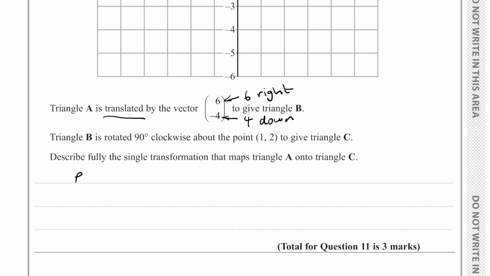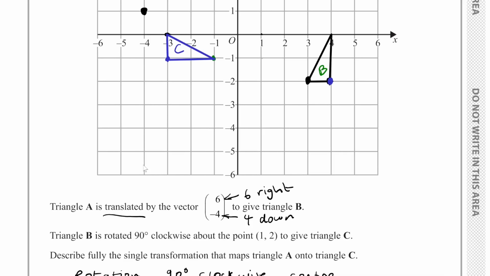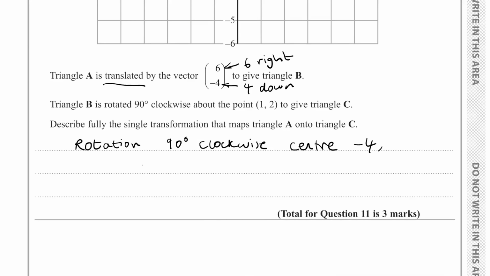So rotation, 90 degrees clockwise, and it's a center at -4, 1. So we need 3 bits of information. We need to tell them it's a rotation.